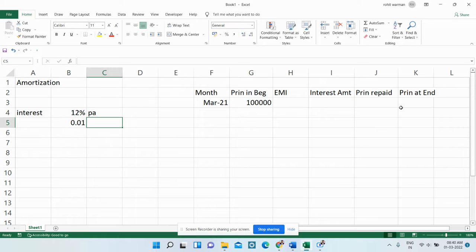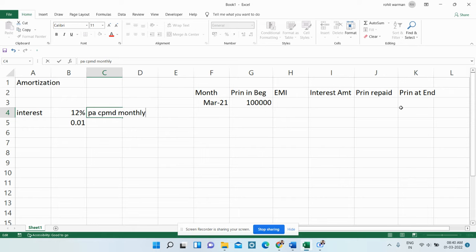From the exam perspective, especially the CFP and CWM perspective, in the CFA they always clarify the thing. But in these two exams, what I have seen is that if it is 12% per annum, it means it is compounding on a monthly basis.